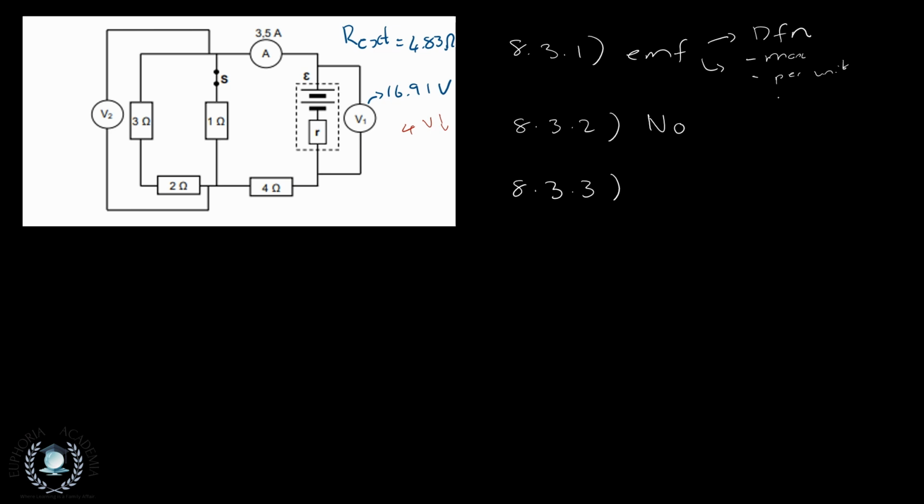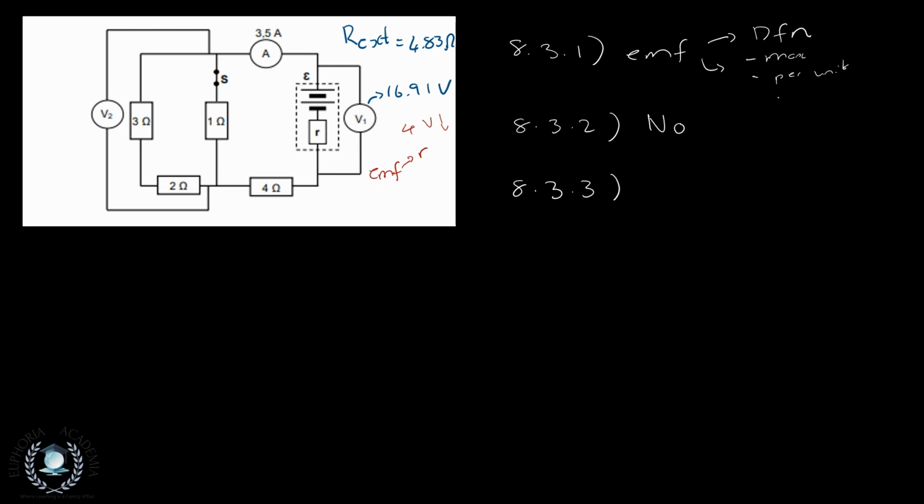Let's talk about the EMF value. The EMF value does not take into account the internal resistance of the battery, as well as some resistances in the circuit. So maybe the wires, there might be a faulty wire, or something might be getting hotter than it needs to, or whatever the case is. The EMF does not account for all these things.